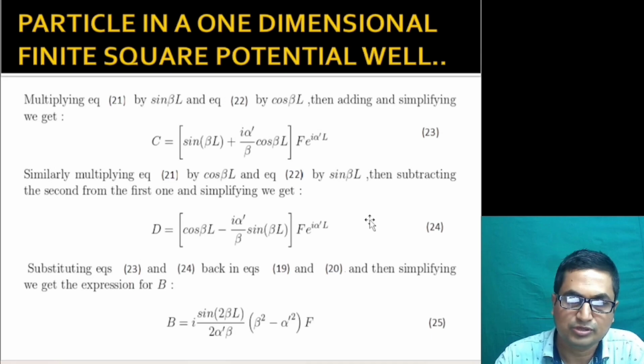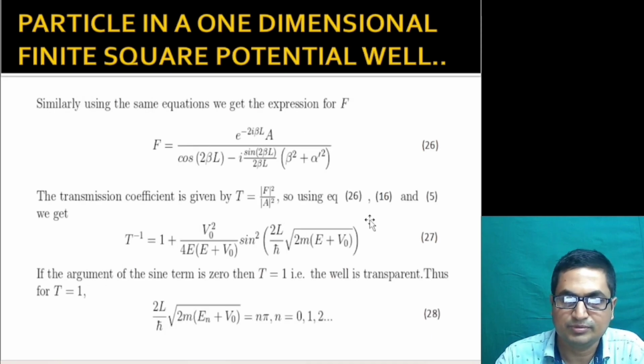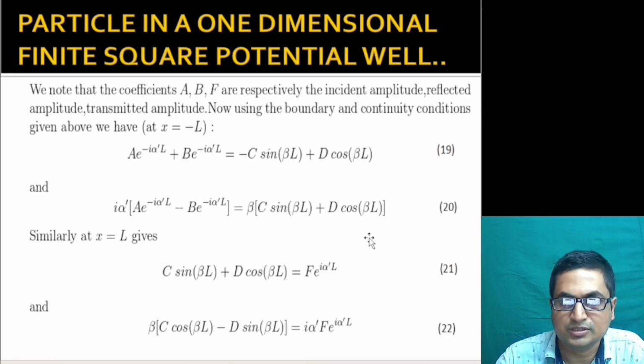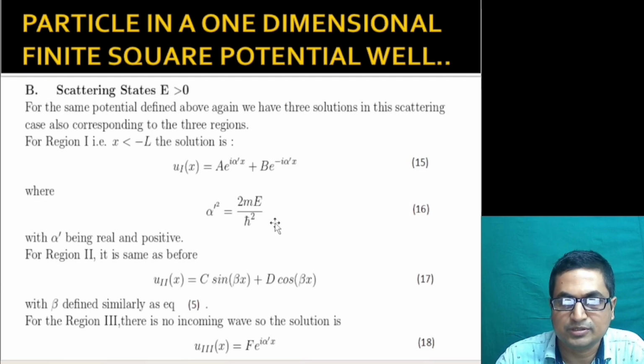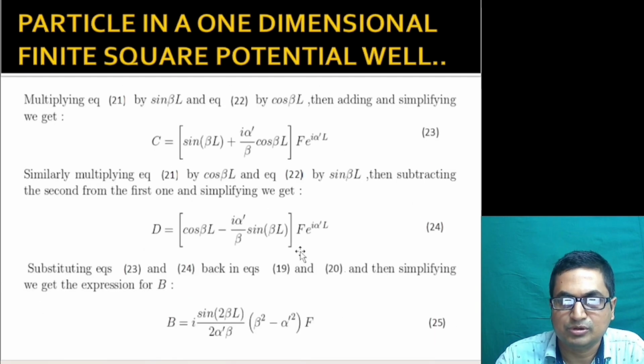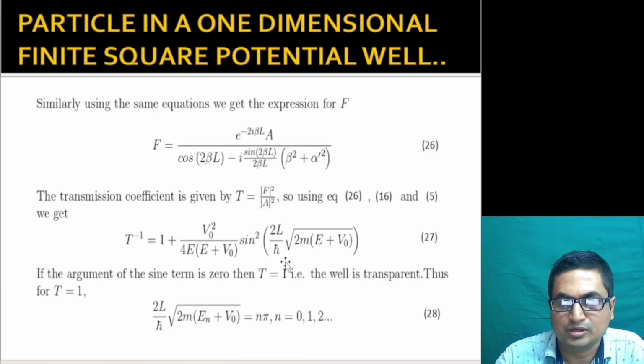We are using 26 and 25 for this transmission coefficient, simply from the definition of the transmission coefficient, and also using 16 here, and also the expression for beta squared from 5, we get an expression like 27.